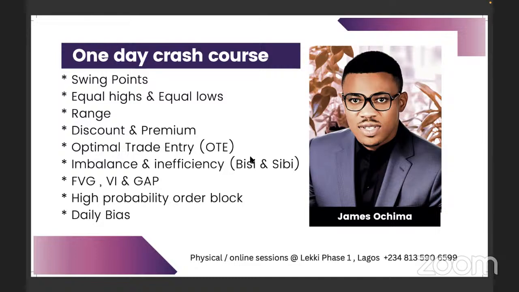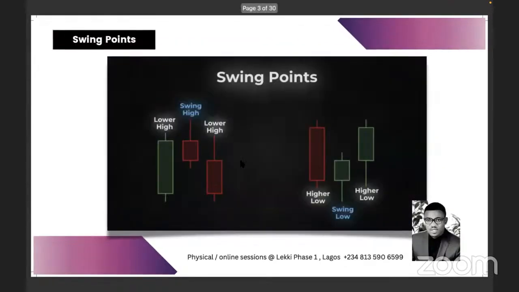Range, discount and premium, optimal trade entry, OTE, imbalance and inefficiency, BC and CB, FVG, VI, volume imbalance, gap, high probability order block, daily bias. Very, very quickly, straight to the point, as simple as we can make this happen.